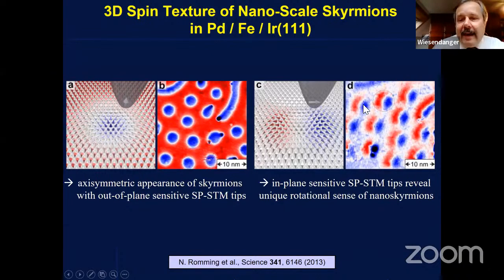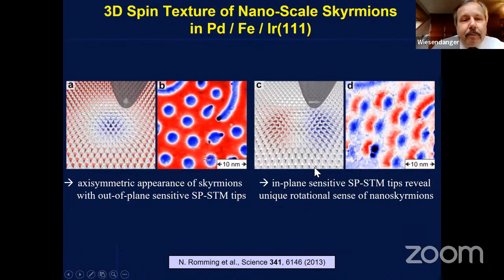And indeed, you will then see a two-stage contrast, red and blue, on the two sides of the skyrmions with respect to the center. And you see indeed that you always have red contrast to the left and blue contrast to the right for all skyrmions, meaning you have already proven that you have a unique rotational sense.